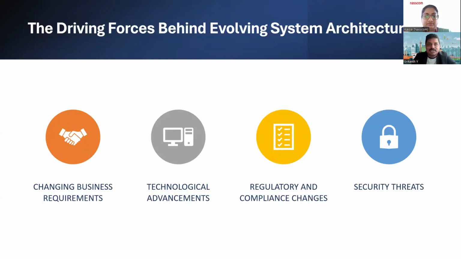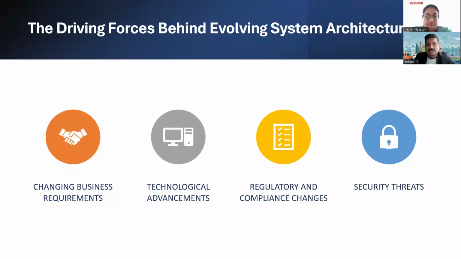Technology advancements: we just spoke about AI briefly, but there are so many advancements happening across the globe in every field. And when all of this happens, there will be regulatory and compliance changes that kick in, whether related to privacy or the health compliance of medical records, everything. There are regulations to ensure that the privacy of humans is protected.